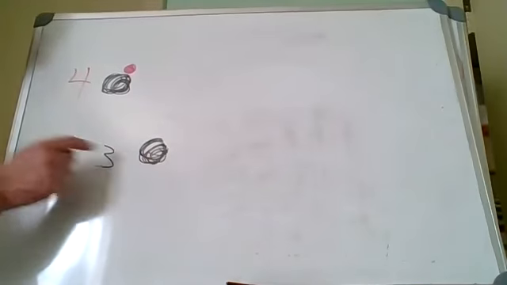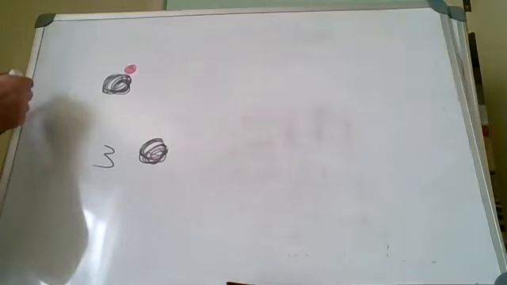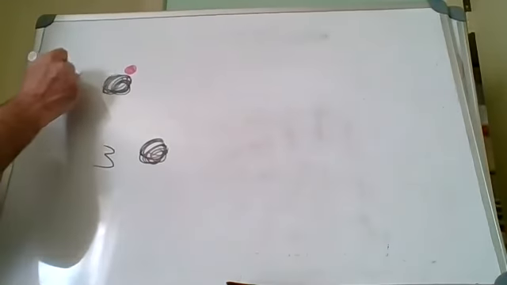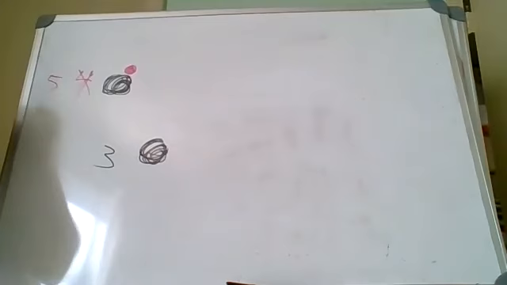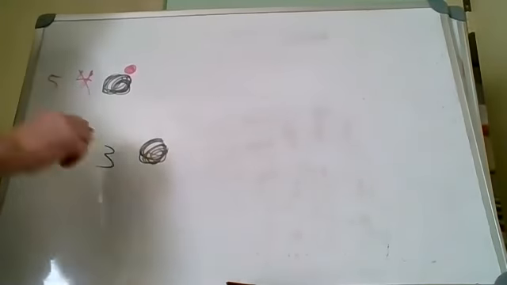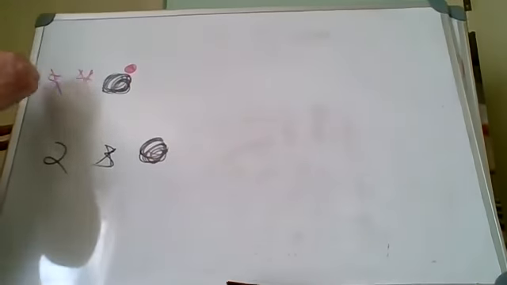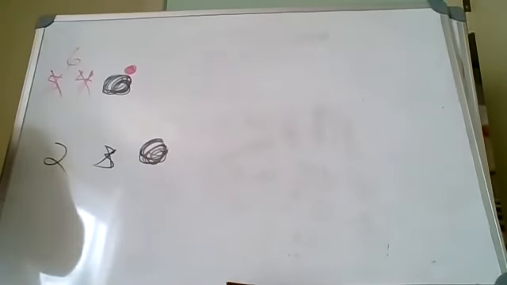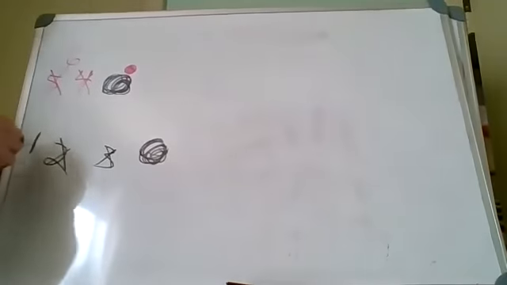So if I add the first HCl molecule, I'm going to have 5 of these and 2 of these, right? 5 of these and 2 of these. If I add the second HCl molecule, I'm going to have 6 of these and just 1 of these, right? 6 and 1.